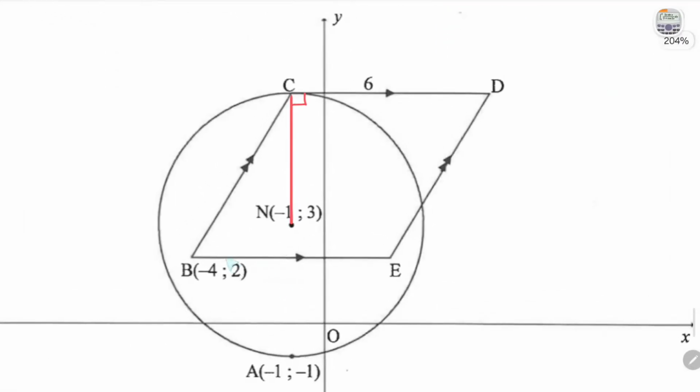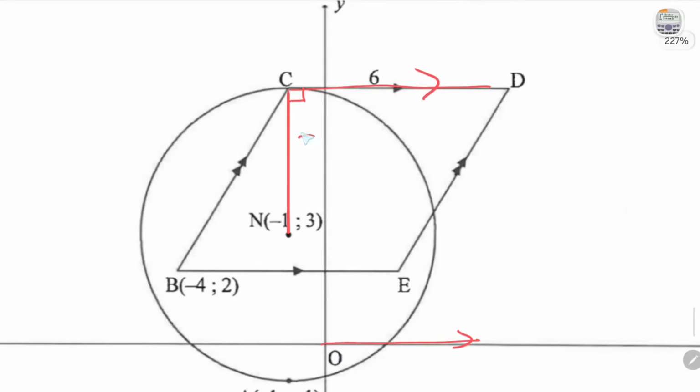So if BE is parallel to the x-axis, then CD is also parallel to the x-axis, meaning that because this line CN, the radius, is perpendicular to CD, a line parallel to the x-axis, then this line is a vertical line. So if it is a vertical line, you see the point N, (-1, 3), C would also have the same x value because it's a vertical line.